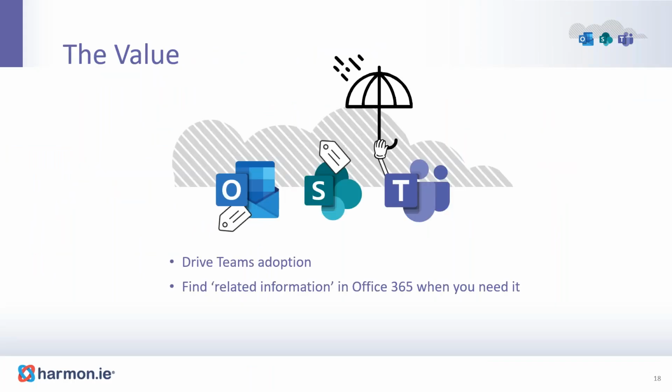So the real value of Harmony 8, including the Harmony Smart Assistant technology and feature set, is that it really drives Teams adoption and improves the way that people can utilize Teams in conjunction with Outlook, so that you can capture emails and documents from your clients, work on them internally, discuss your responses, and then get back to them accordingly, using standard Harmony functionality with the Teams, SharePoint and Exchange capabilities in the back end.